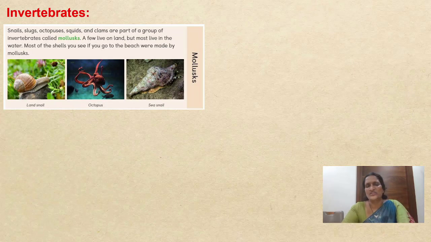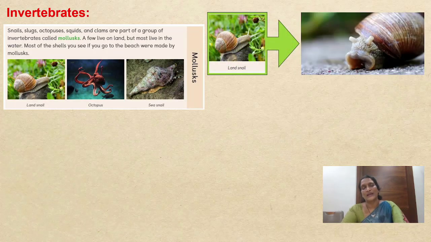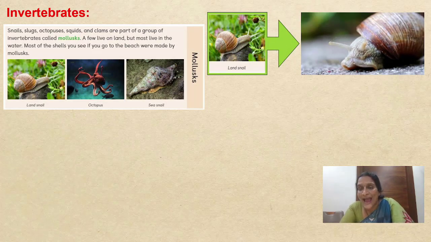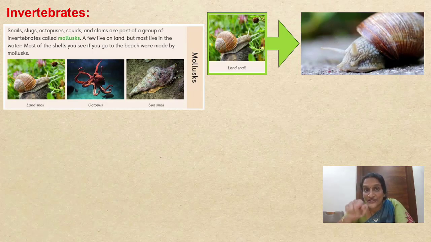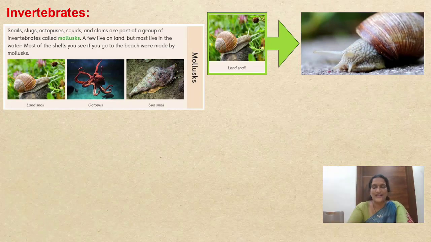Mollusks. Most of them live in water. If you go to beach, we see shells. These shells, these snails are nothing but mollusks. See, this is a land snail. The snail which lives on land. How is it moving slowly? See. If we touch the snail, it immediately goes and hides in the shell.